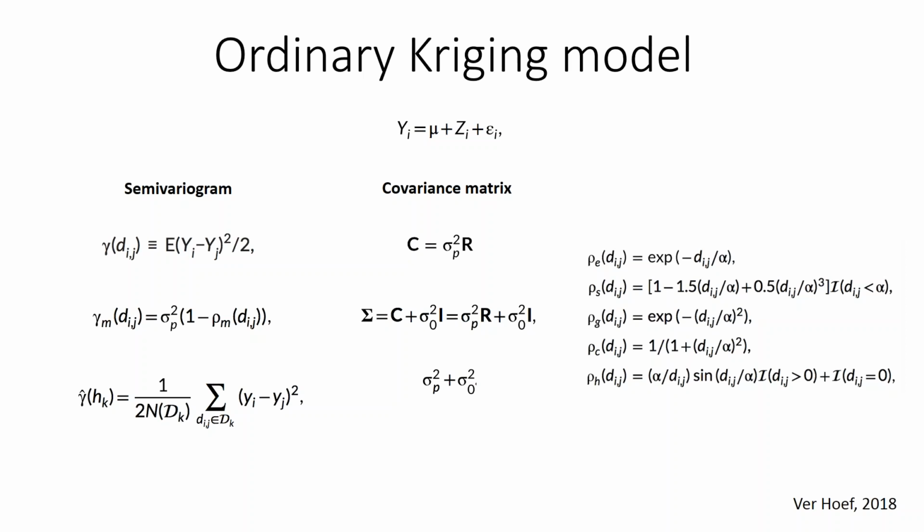And so what this is saying is you would take data y sub i and another data y sub j, and look at the difference between those two data, the difference squared, and then you would take the average of those squared differences for a given bin, defined as the given distance between those two data points.